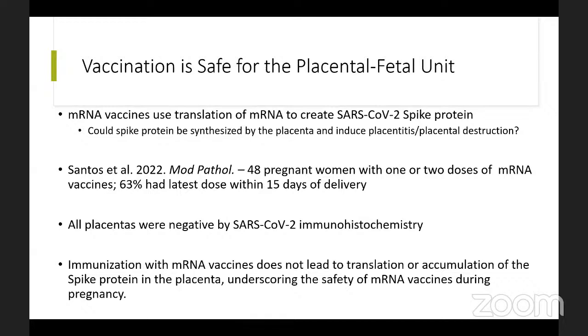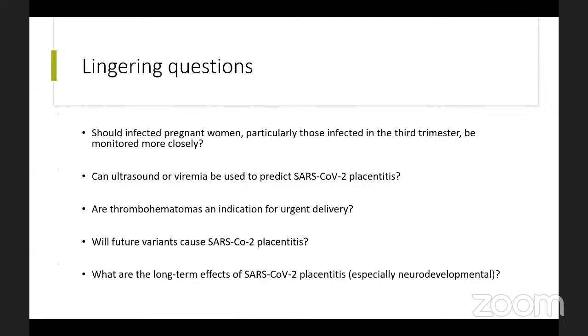And this really helps underscore the safety of mRNA vaccines, meaning that mRNA vaccines should not, and can theoretically never, cause SARS-CoV-2 placentitis or another autoimmune phenomenon within the placenta that would lead to stillbirth. So that brings me now to some lingering questions.